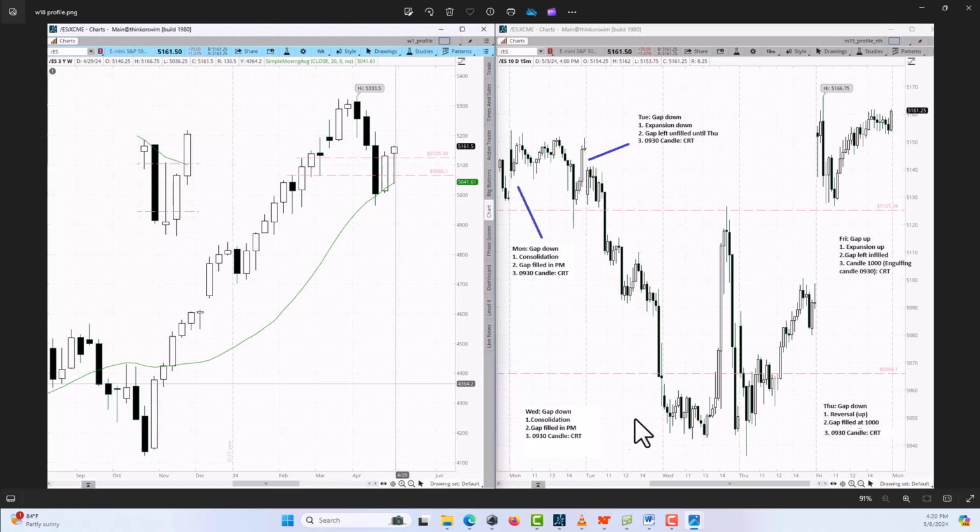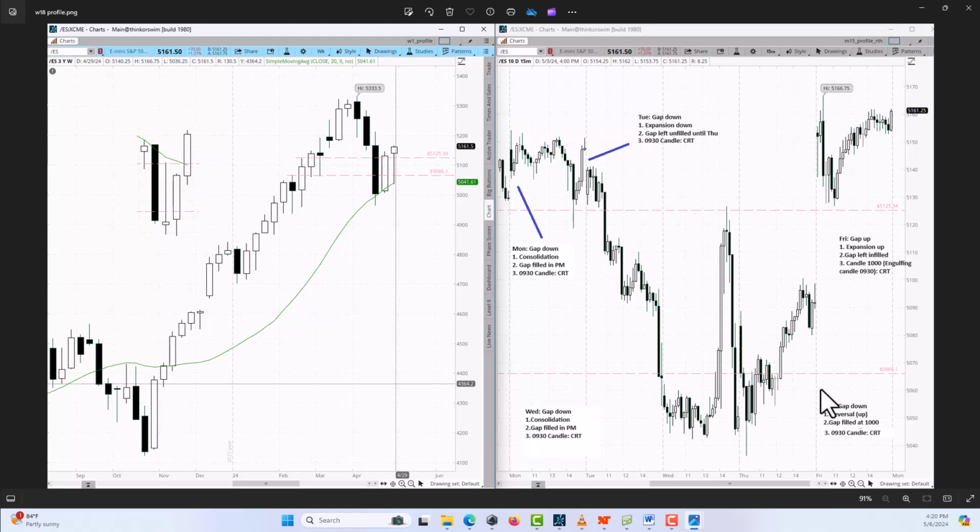And then we have Wednesday right here, gap down, and it won't refill until the PM. And the candle at 9:30 also gives us some trade if we apply so-called candle range theory. On Thursday, a reversal up, the gap up is filled, right? You have a gap up. We mixed both right here.